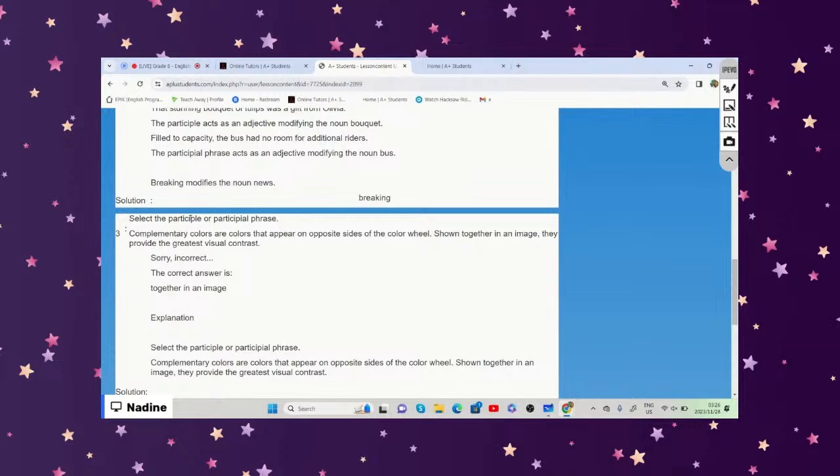We need to select the participle or the participial phrase. Complementary colors are colors that appear on opposite sides of the color wheel, shown together in an image. They provide the greatest visual contrast.